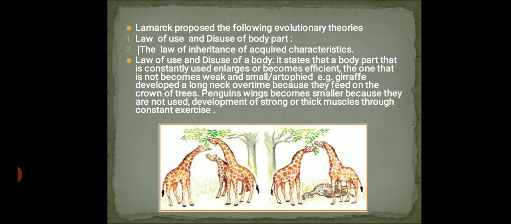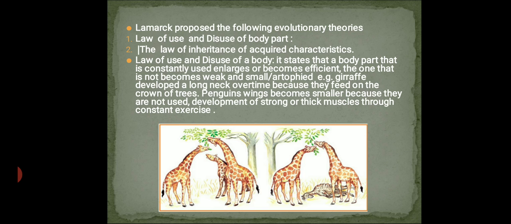As a result of this, the giraffe developed a long neck. Lamarck concluded that a body part that is constantly used enlarges or becomes efficient. The one that is not used becomes weak or small.